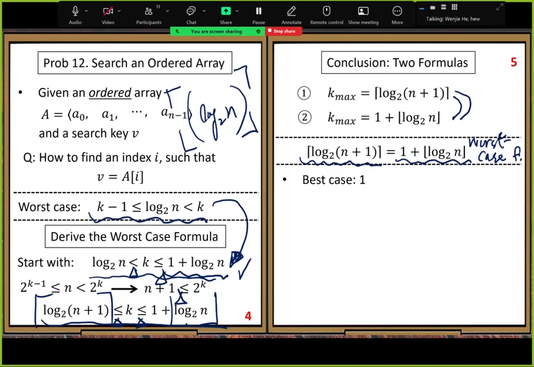The reason I say this is, when I assign homework assignments, many times quiz questions or homework questions, I give you a concrete number n. Okay, n equals 1,000, something. I ask you, if we apply the binary search on this array, how many comparisons do we need for the worst case? Many times I ask that question.